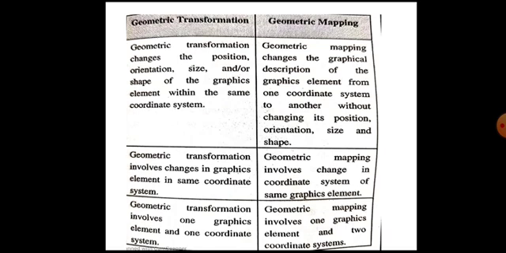Geometric transformation involves changes in graphics elements in the same coordinate system. Geometric mapping involves changes in the coordinate system of the same graphic element. Geometric transformation involves one graphics element and one coordinate system, whereas geometric mapping involves one graphics element and two coordinate systems.